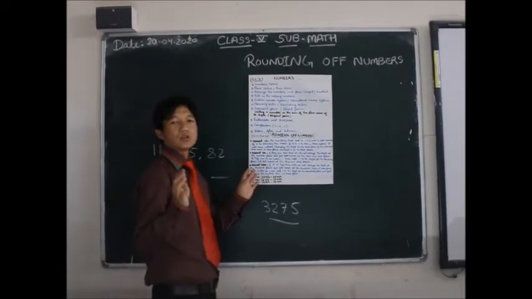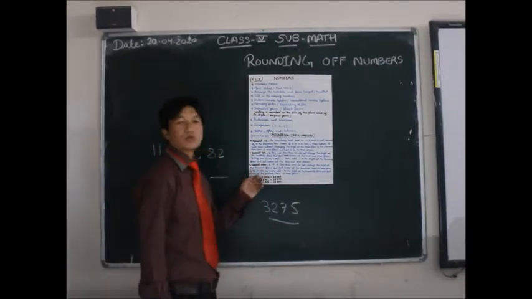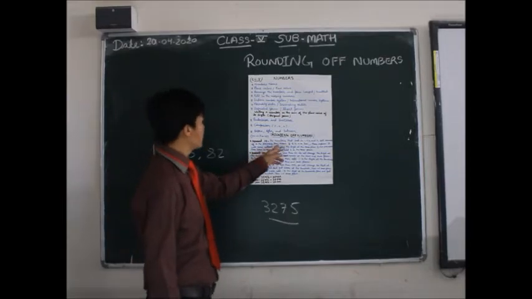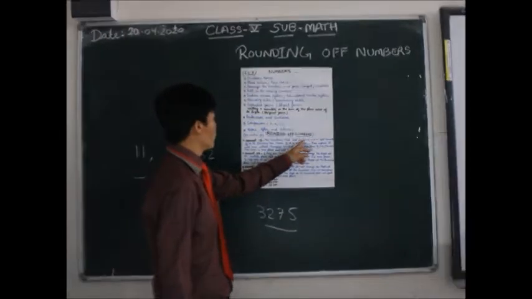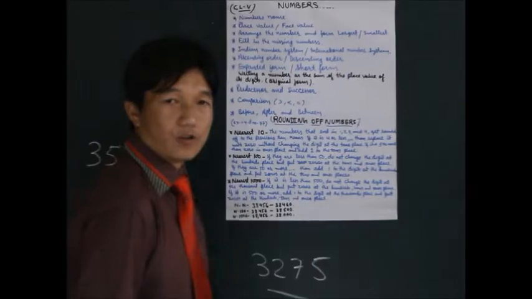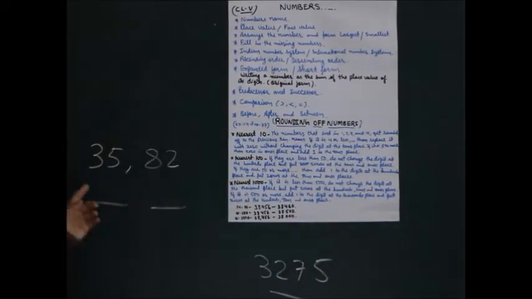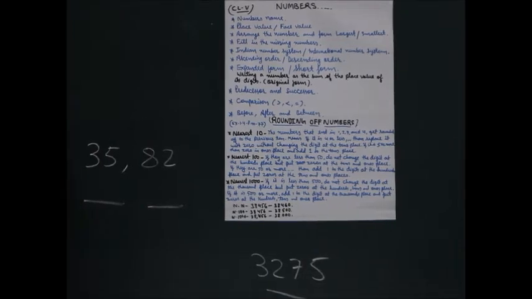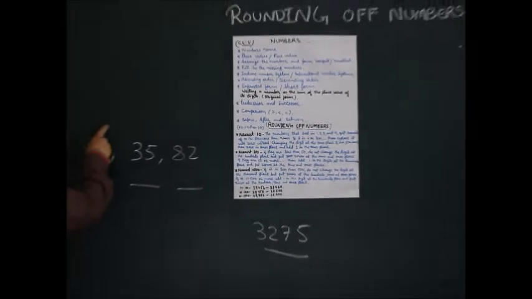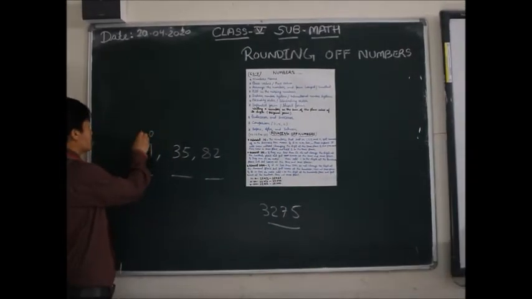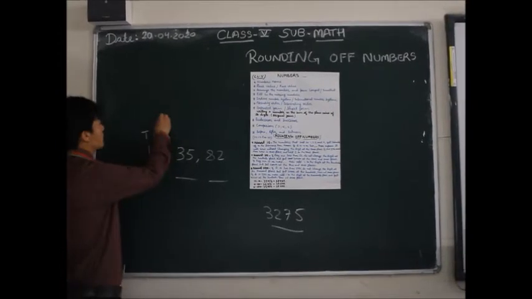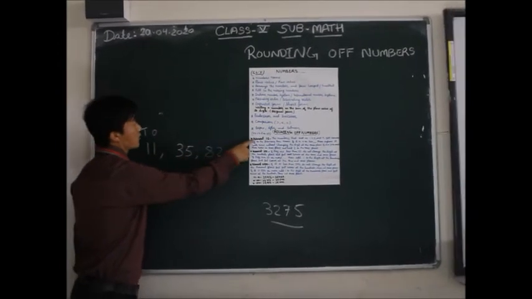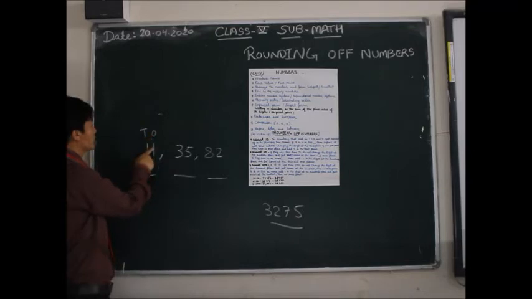So here is the method. For the numbers that end in 1, 2, 3 and 4, we have to look at the ones place and tens place, because we are going to the nearest 10.